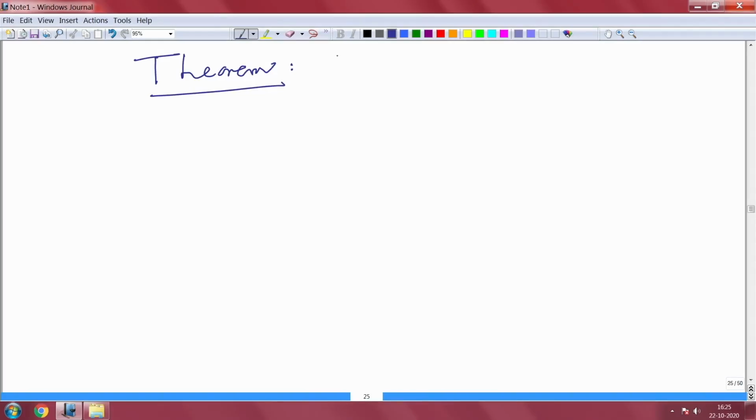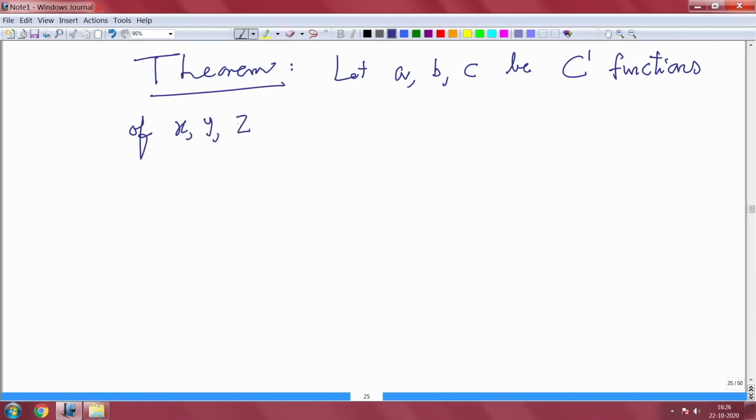Let a, b, c be C1 functions, C1 meaning continuously differentiable, of x, y, z in a domain in R3.